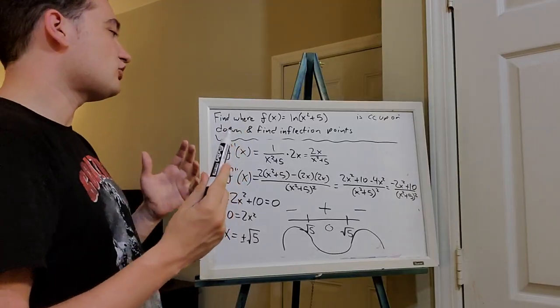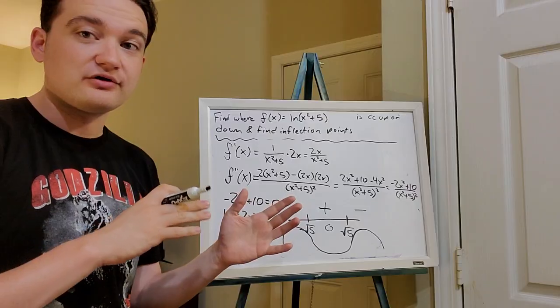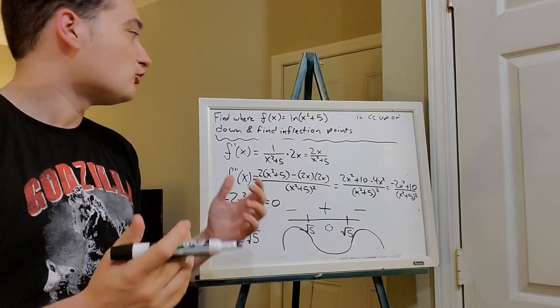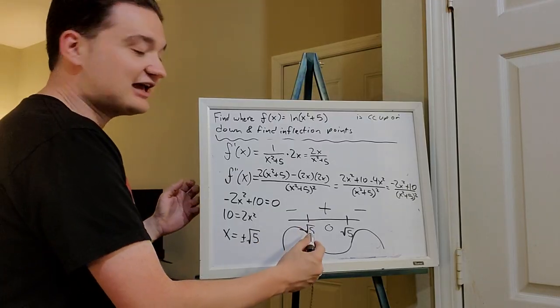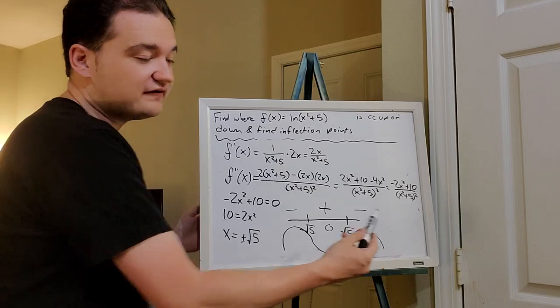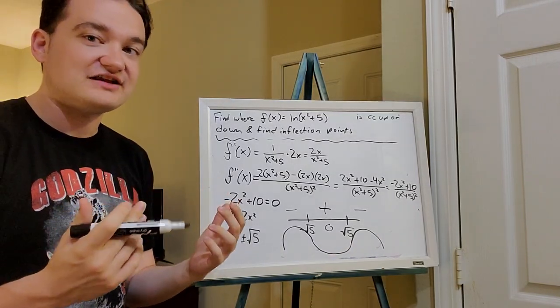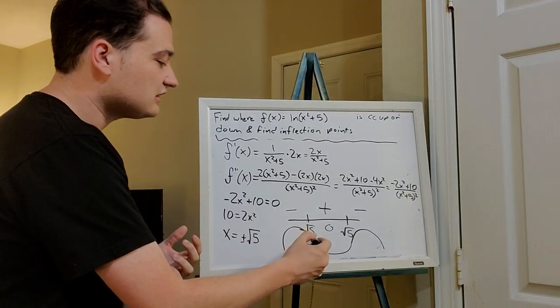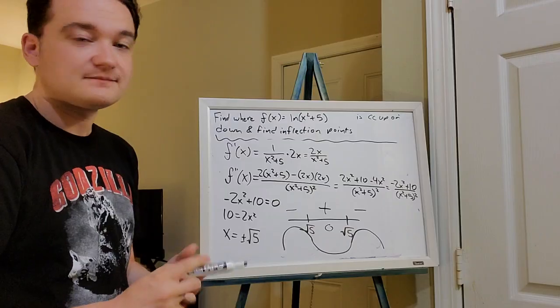Where is the natural log of x squared plus 5 concave up? Between negative square root of 5 and square root of 5. Where is it concave down? From negative infinity to the negative square root of 5, and from the square root of 5 to infinity. Where are our inflection points? Where does the concavity change? Negative square root of 5, positive square root of 5.